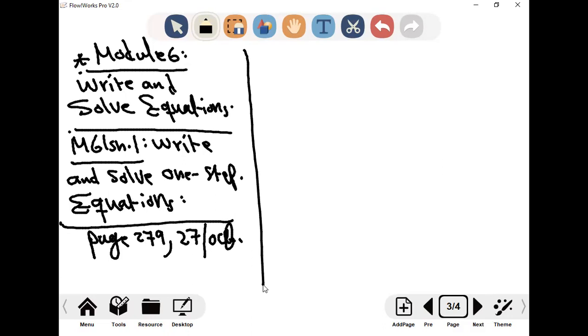Focus. Now, what's this? I know what we call this expression. We call it numerical expression. Why numerical?